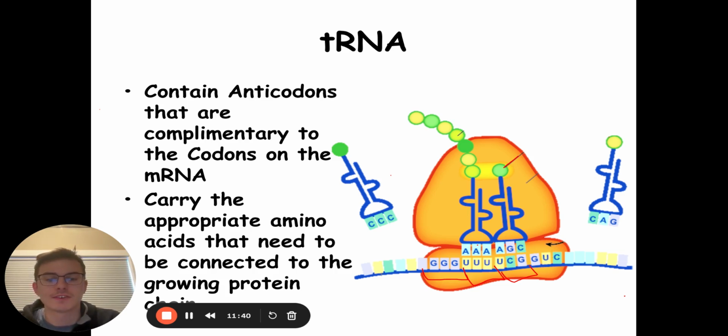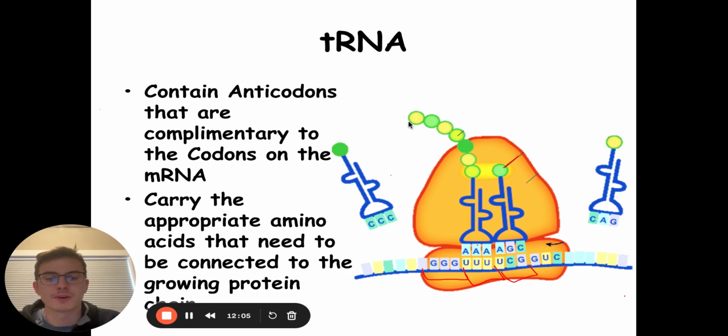Once it attaches, it releases its amino acid. Okay? So what we're seeing here is this one has attached first, okay? Because we're going from left to right. So AAA has attached before this AGC anticodon. So the tRNA will attach, and then it will release its chain.